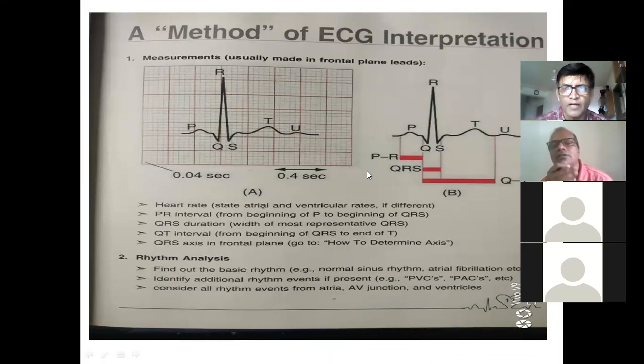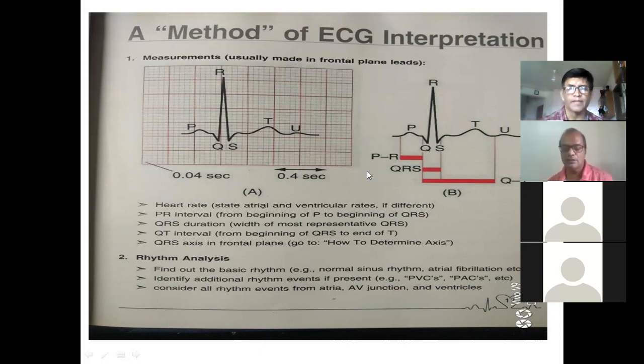What is the formula? If there are 2 big squares, 300 divided by 2. Are you getting it? The formula is 300 divided by the number of big squares. So if there are 10 small squares, which is equal to 2 big squares. Is it clear?